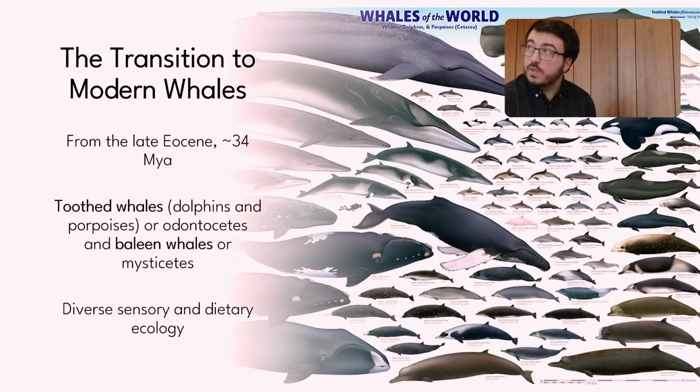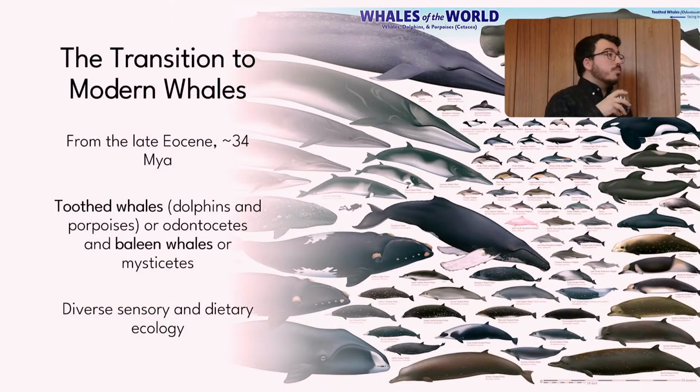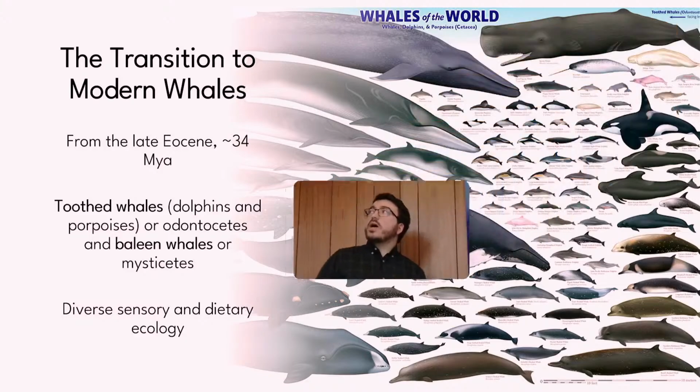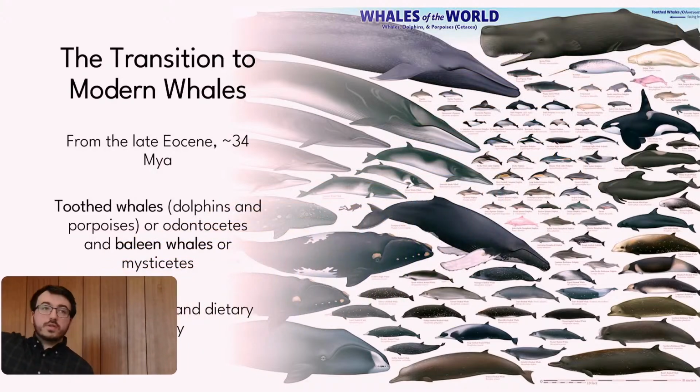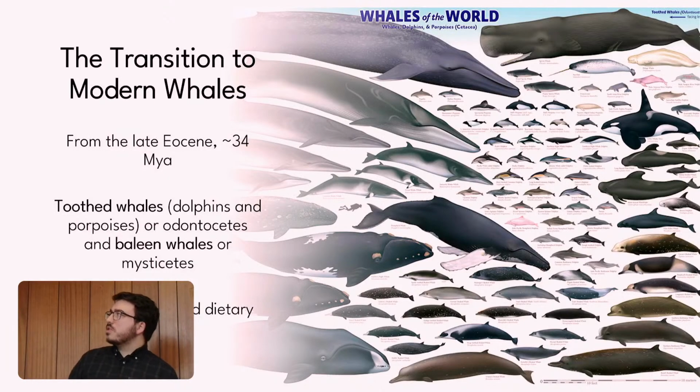So from the Eocene onwards, this is when we start to get the split of the two main groups of whales, which are the toothed whales and the baleen whales. So the toothed whales are all these ones on this side of the screen, including the sperm whales and the killer whales, and all the beaked whales as well.